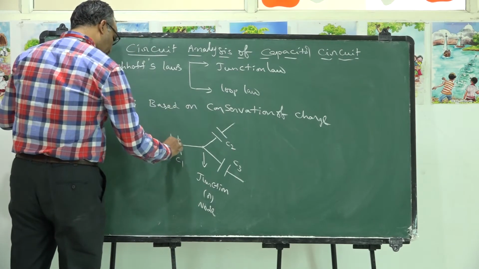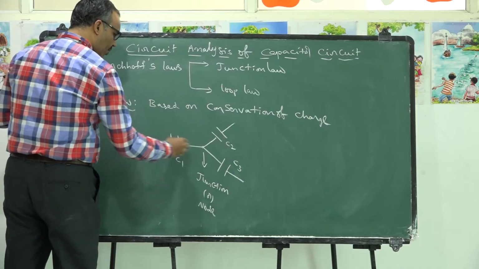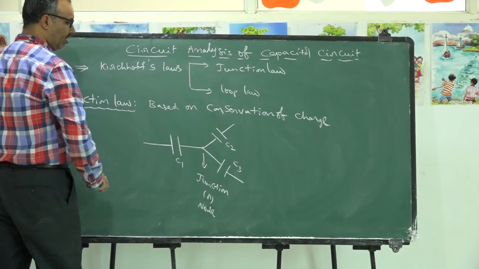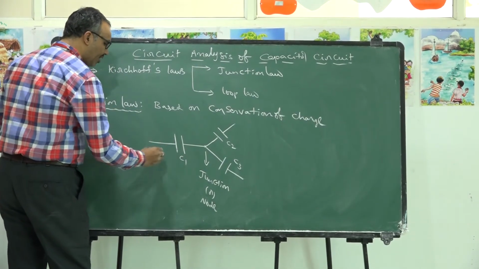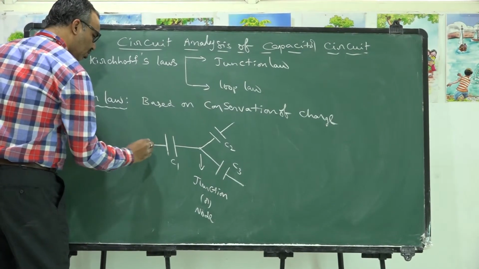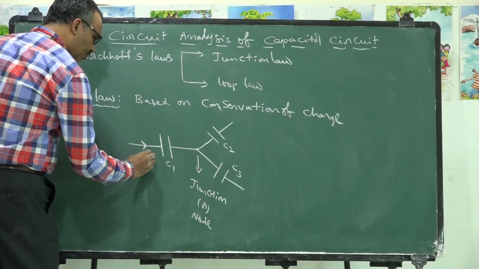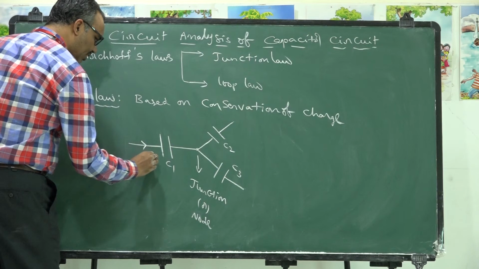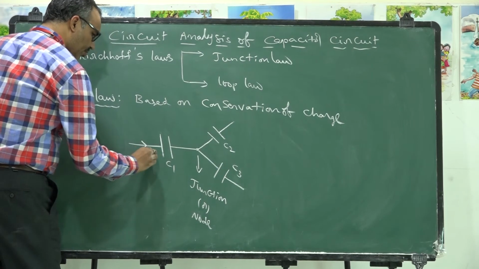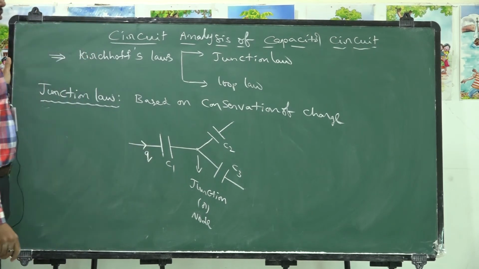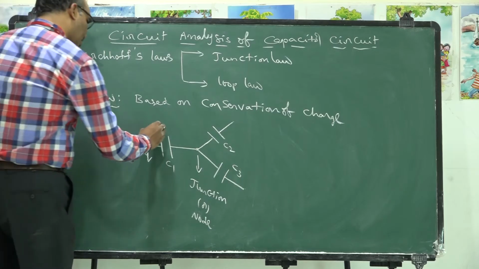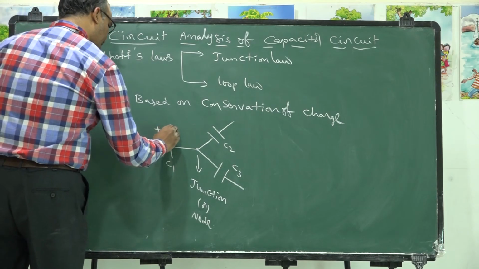As you know, as this combination of capacitors is connected to certain energy source like battery, some charge will move in this direction. Let us suppose Q is the charge moving like this. It provides some positive charge here, negative charge here.